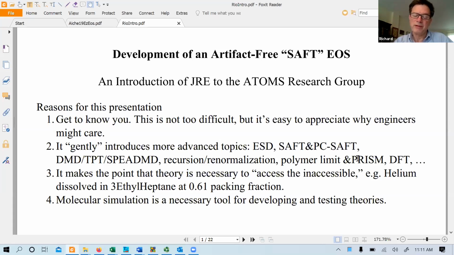The PRISM theory is an integral equation theory, polymer reference interaction site model, that allows us access to that polymer limit in a very detailed molecular way, without having to do molecular simulations.